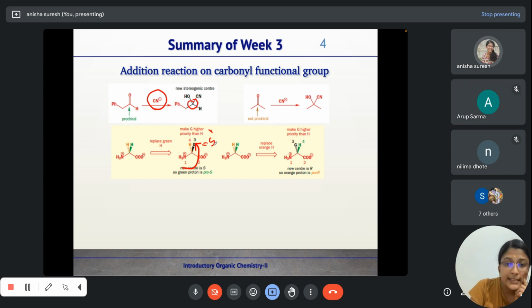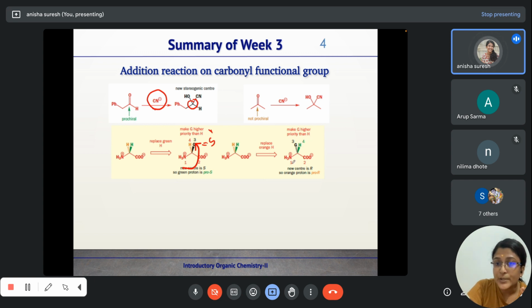Now, if we consider this glycine again, and if we are replacing this orange proton, orange hydrogen, by a group G, where G is having higher priority than hydrogen. So, as labeled previously, the priority will be: NH3 plus will be having 1, C double bond O minus will be having 2, G will be 3, and hydrogen will be 4.